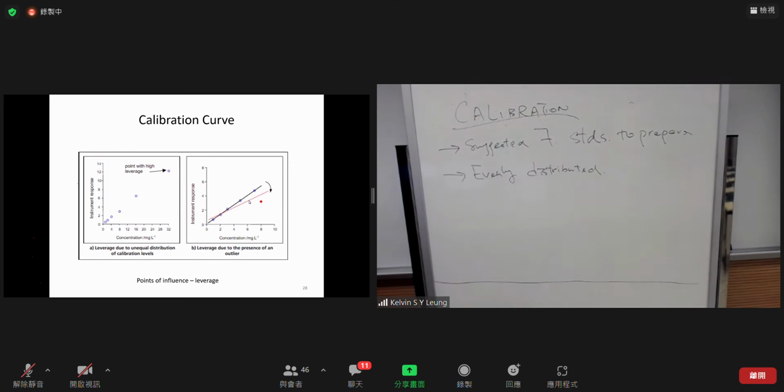This is the red point, okay? So in the case of the calibration, the outlier will need to be removed in some cases, okay? So we don't want to be affected, okay? So this will have the leverage on that, okay? So maybe we have to remove it.